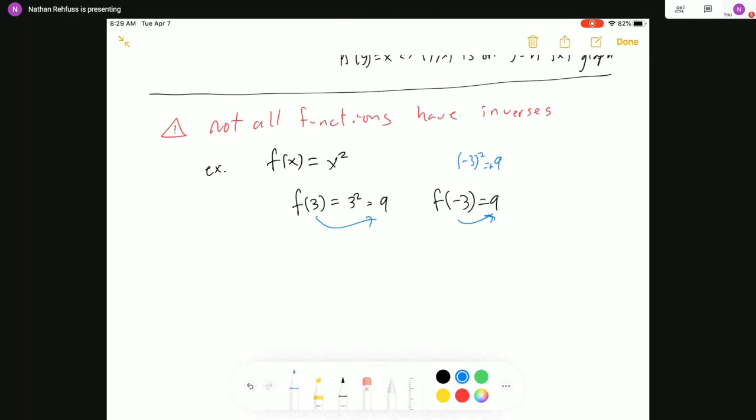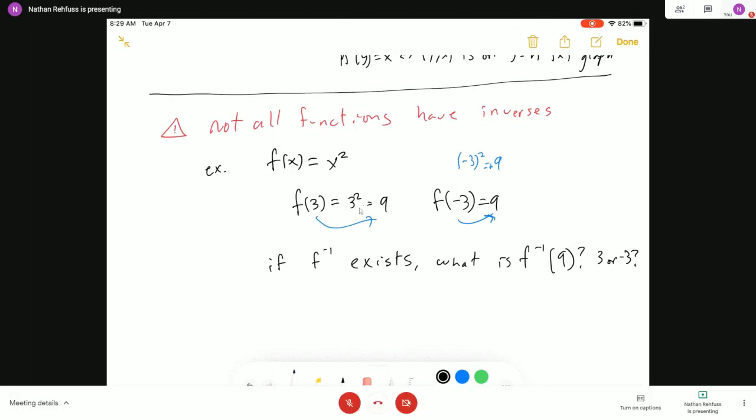And the problem is, if f inverse exists, what in the world is f inverse of 9? 3 or negative 3? It would have to be both. For it to undo f, it would have to turn it into 3 sometimes and negative 3 other times, but there's no way for it to choose.